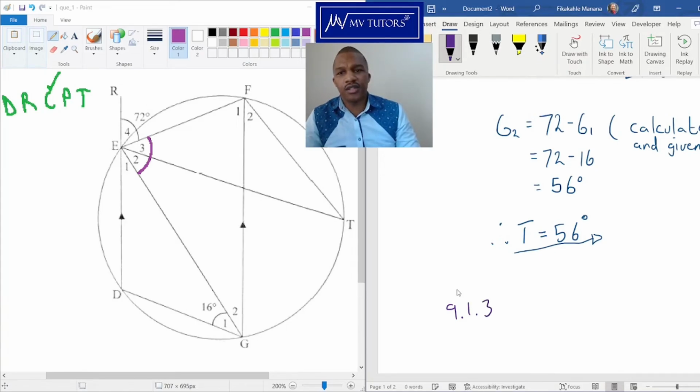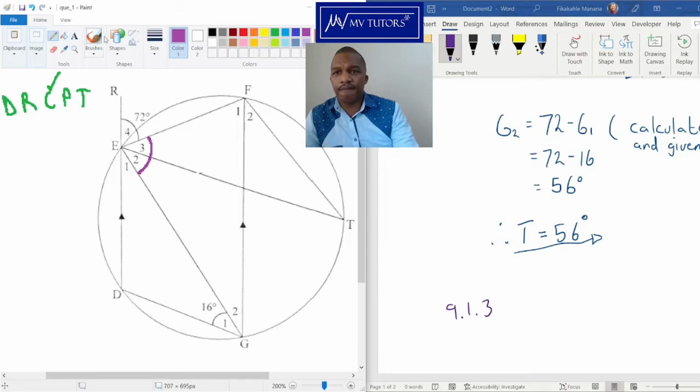So first of all, if we look at this, there's many ways we could really solve this question. But let's come back here. We haven't used our parallel lines, so I would like us to use them this time. Okay, so take a look at this.